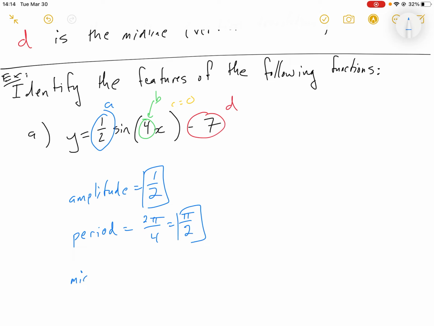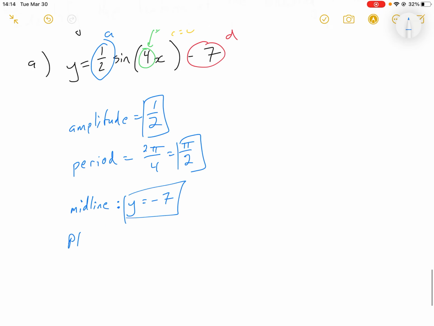And then finally the midline would be y equals -7. I guess we should also put the phase shift on here, so we'll say phase shift is just 0, so there's no phase shift. And that's it. So you're just given an equation, and then you just have to pull out the key information from there.